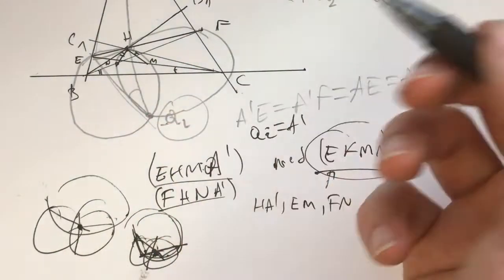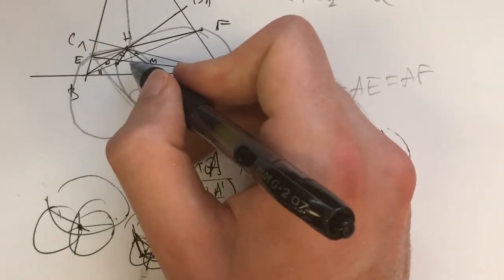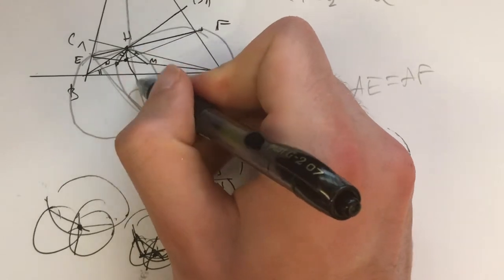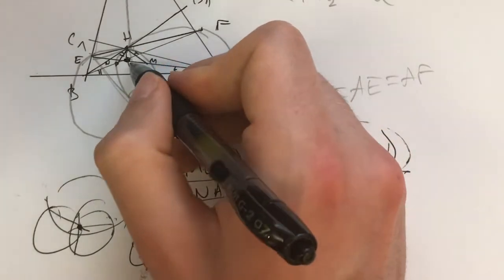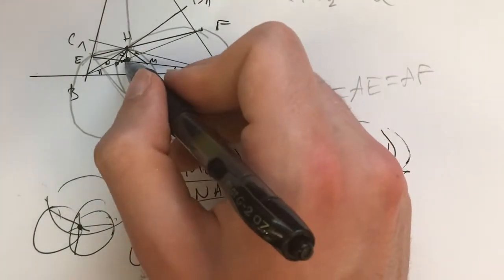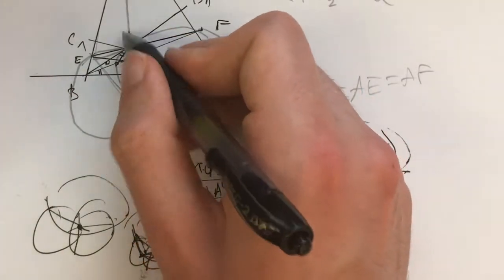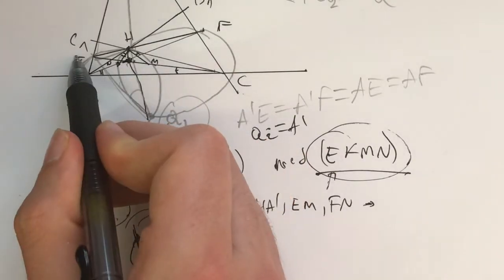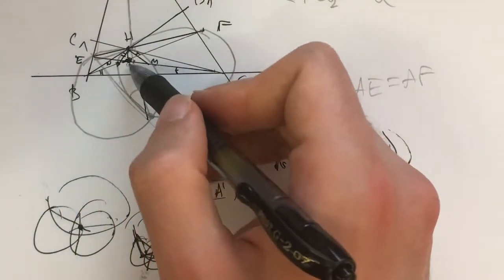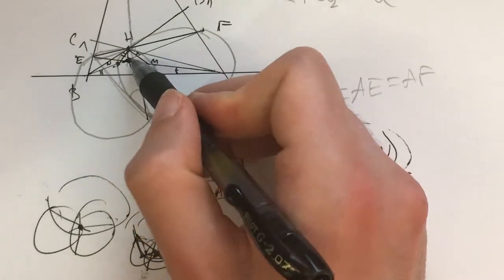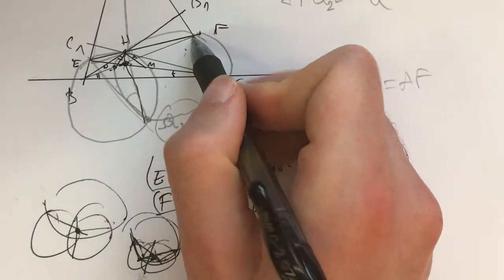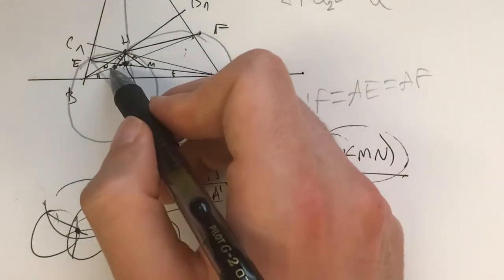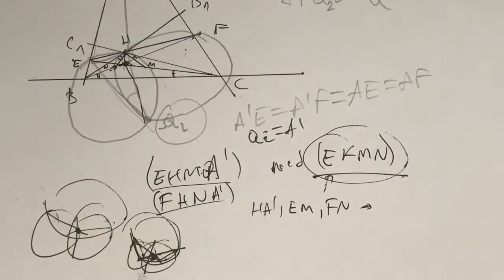So if they concur like here, call this point P. Then we would have PH times PQ2 is equal to PM times PC1 from the first circle, but this would also be equal to PN times PF from the second circle. And then we have from the power of a point that these 4 points are concyclic.